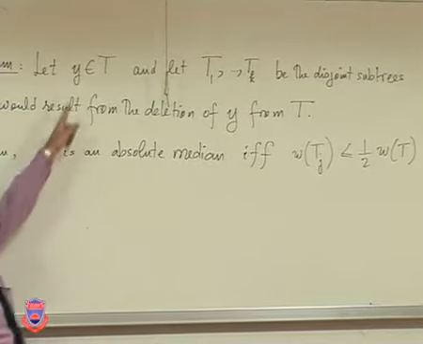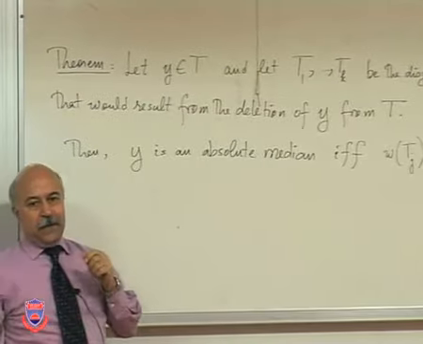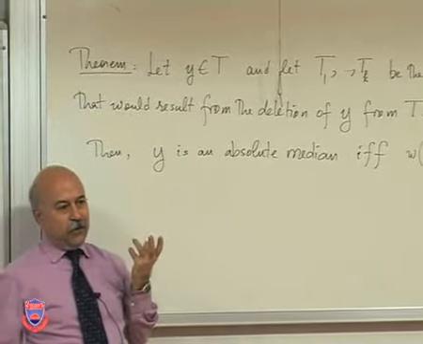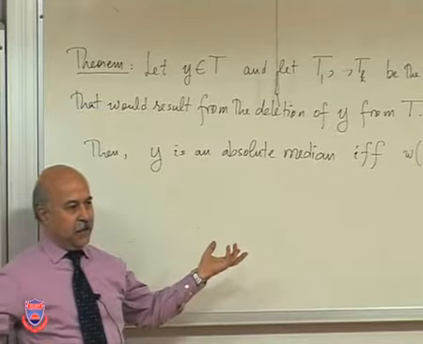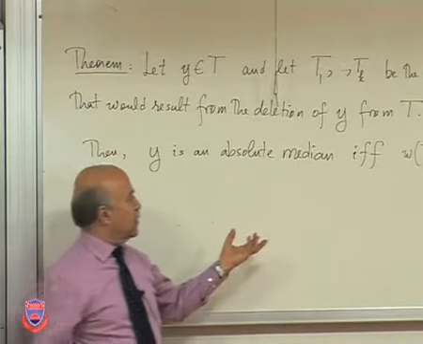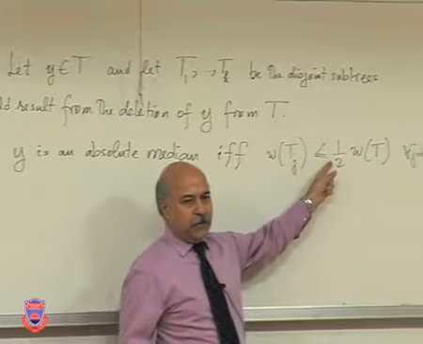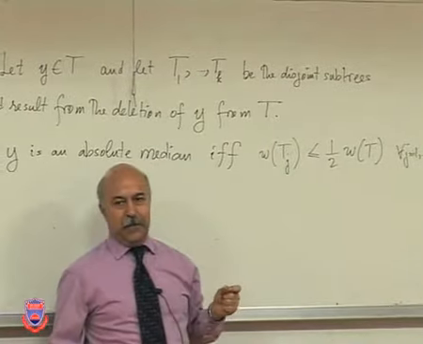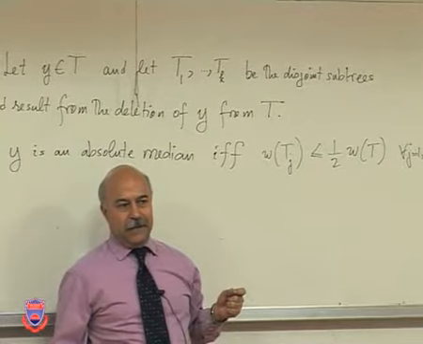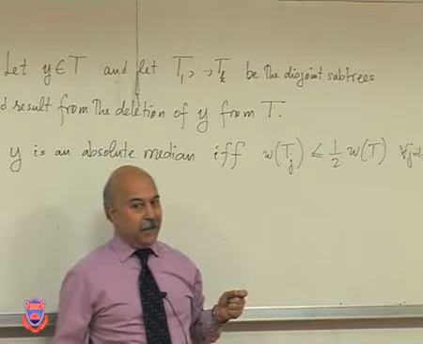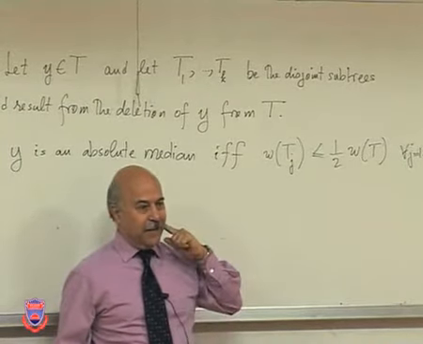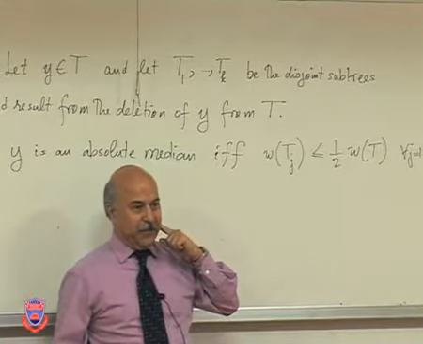Whereas in the case of an interior point, you have only 2 subtrees. So in that special case, we're talking about both subtrees being less than or equal to half the total weight, which means that they have to be equal.